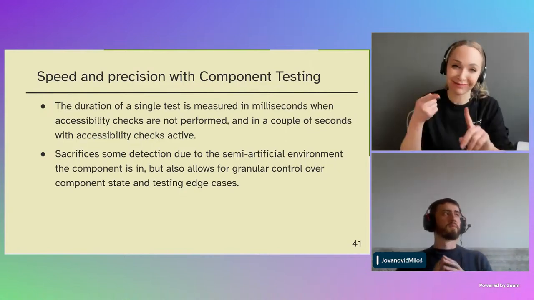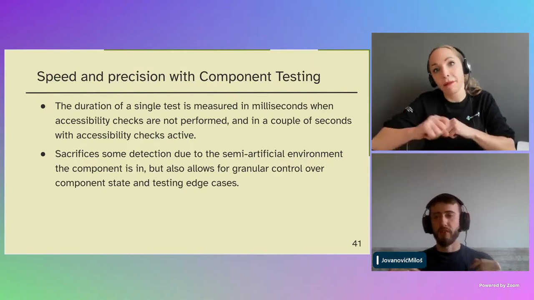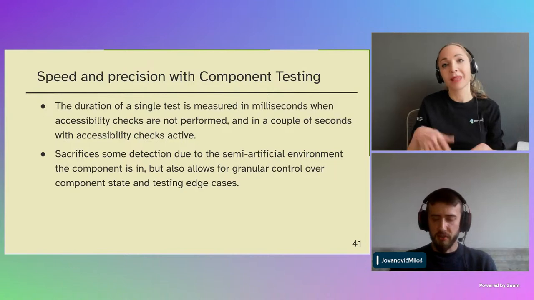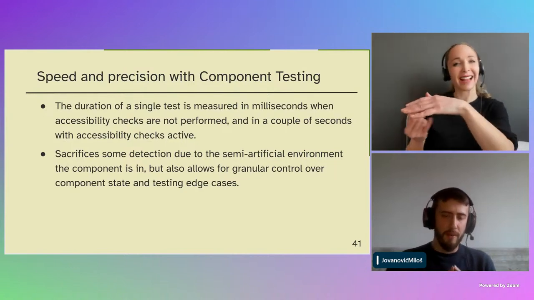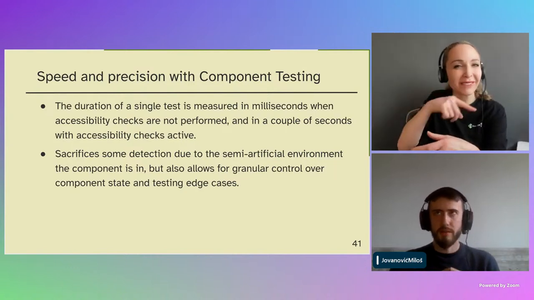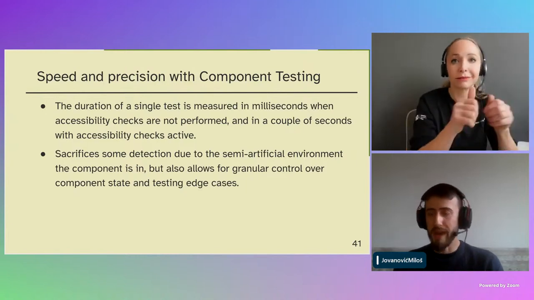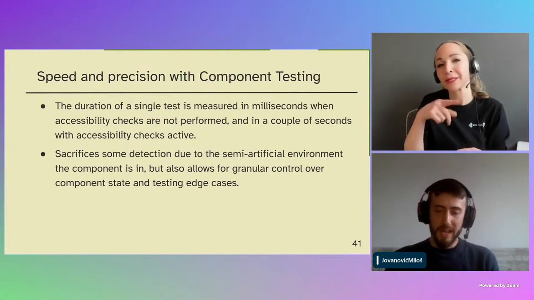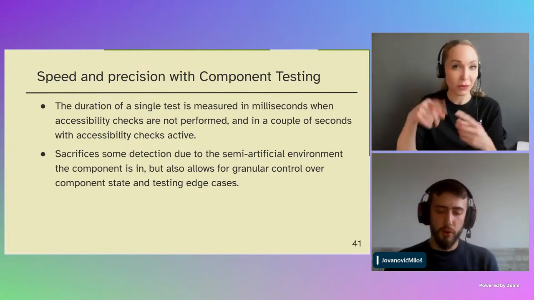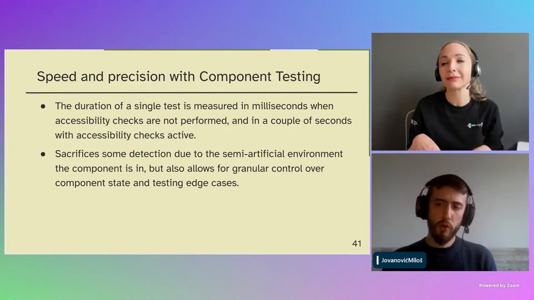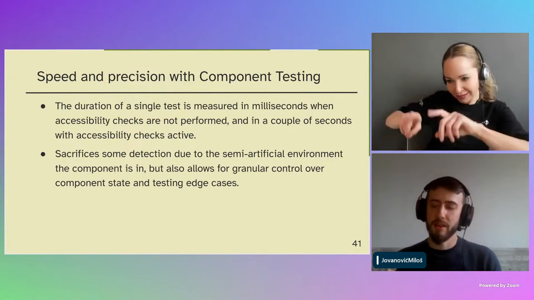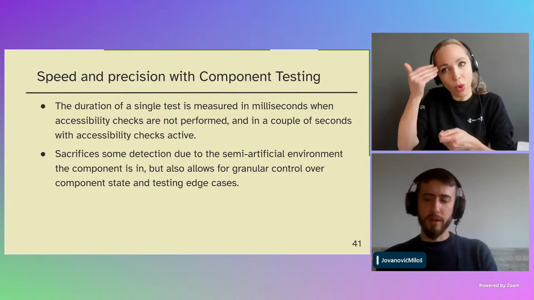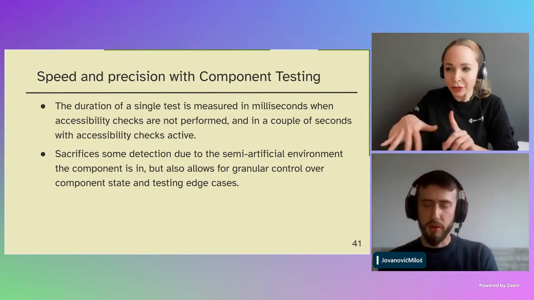Due to the state of isolated components, due to the slightly artificial environment, there are additional considerations to have when building out your tests, basically. But it also allows for precise control over the elements tested and over the conditions a web component is in the moment of looking at it.